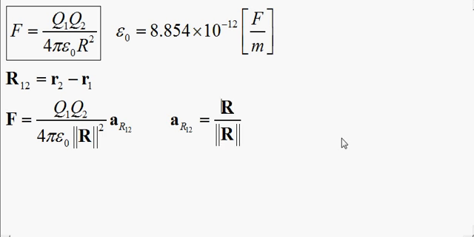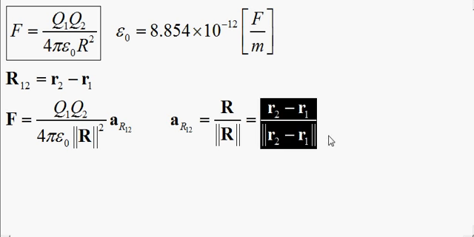So this is equal to R2 minus R1, divided by the magnitude of R2 minus R1. So that's our A sub R12.